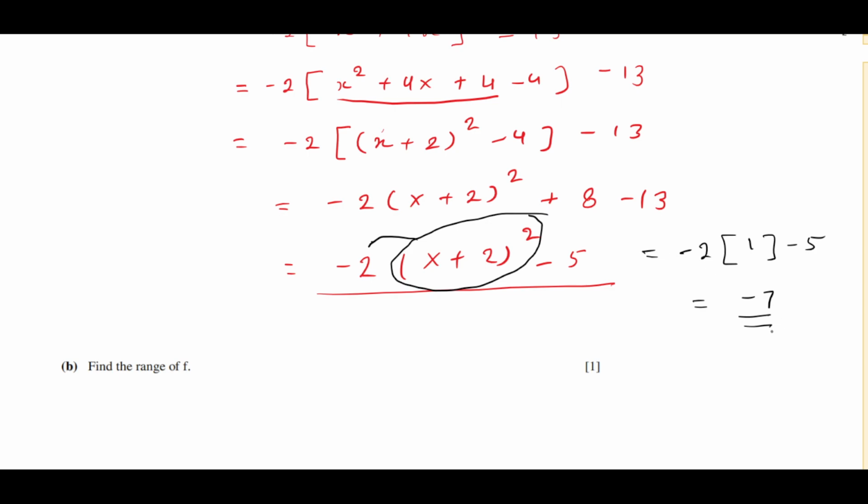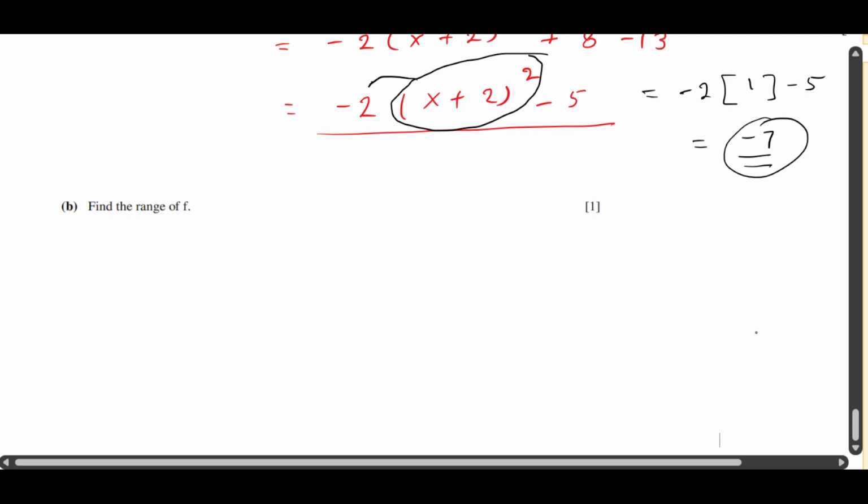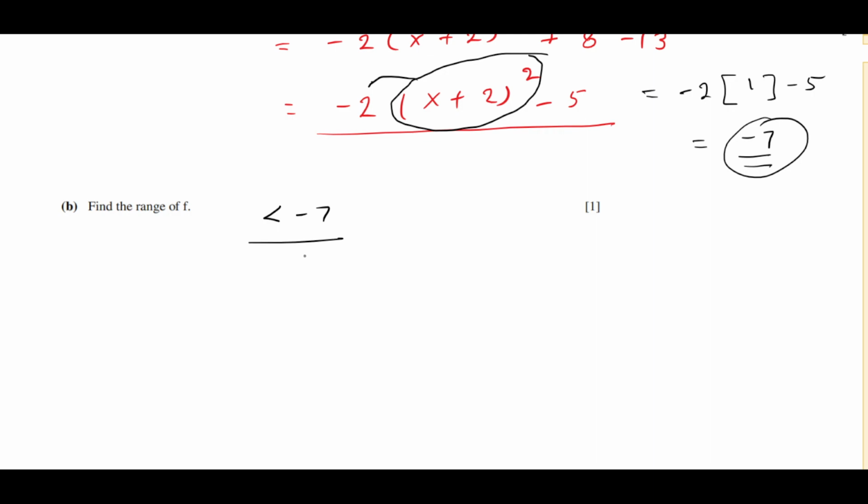So my value is going less and less than minus 7. So for the range of fx, I will get values less than minus 7. Minus 8 is less than minus 7.